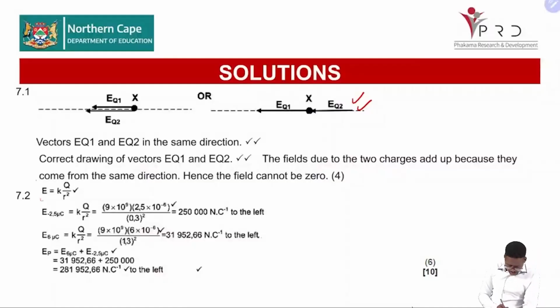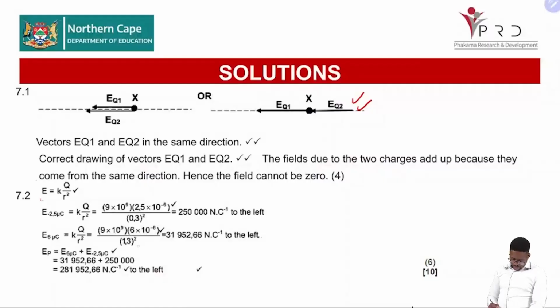K is a constant, 9 times 10 to the power 9. Charge 2, 6 times 10 to the power negative 6, divided by the distance from charge 2 to X, which is 1,3. Don't forget to do what? To square.